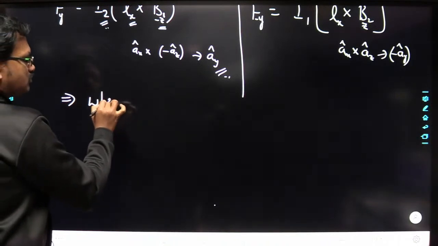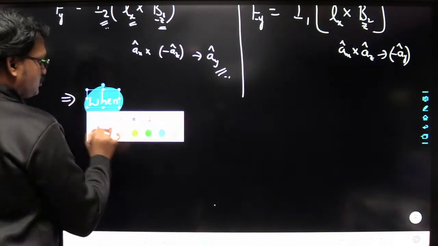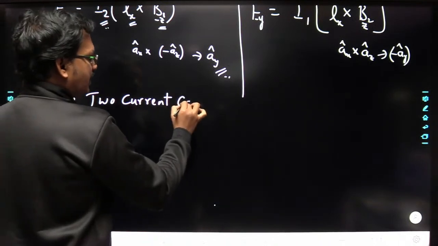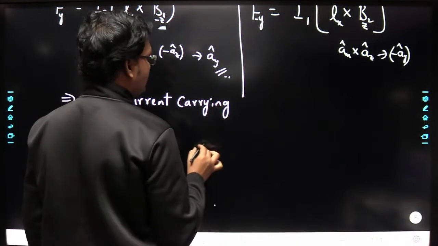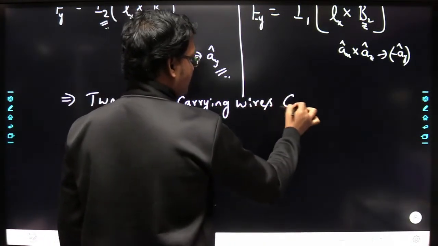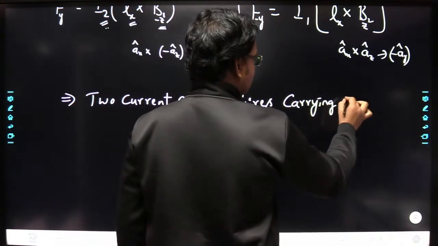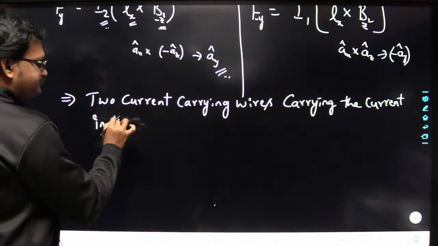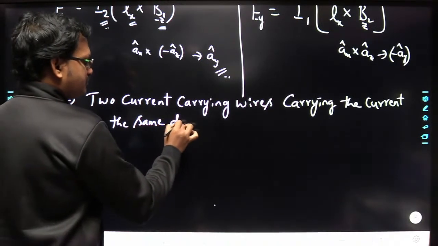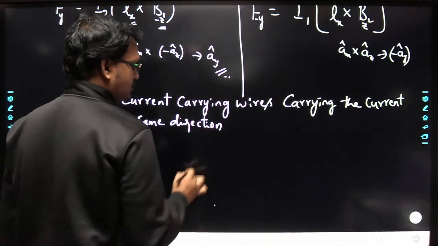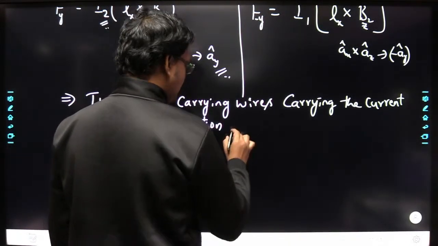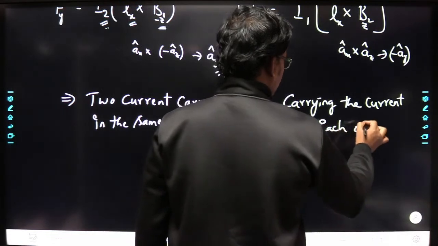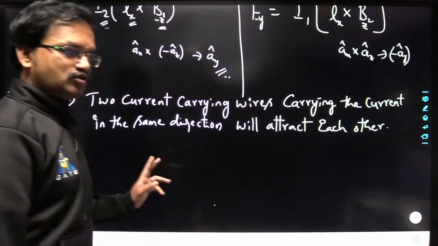You can write simply like this: two current carrying wires carrying the current in the same direction will attract each other. So that means there will be an attractive force between those two current carrying wires.